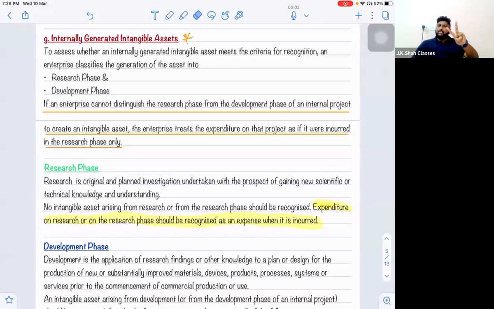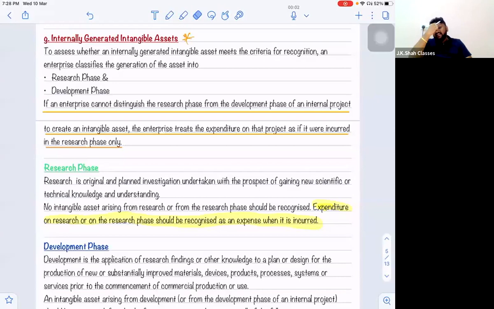So technically, two types of expenses you incur: expenditure on research and expenditure on development. AS26 is very clear. Research being a recurring nature item means you continuously go on researching new things. So AS26 says research is a recurring nature item and it has to be expensed out immediately in the profit and loss account.